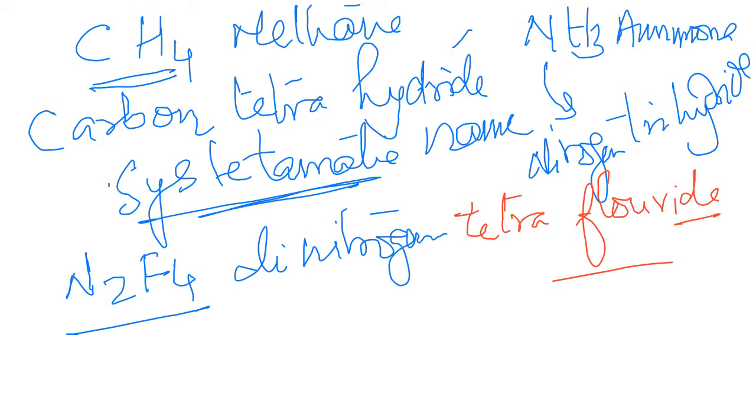Oxidation is removal of electrons, reduction is addition of electrons. Wherever oxidation takes place, that species acts as a reducing agent, and the opposite: where reduction takes place, it acts as an oxidizing agent for others. So you can just go through oxidation reduction.